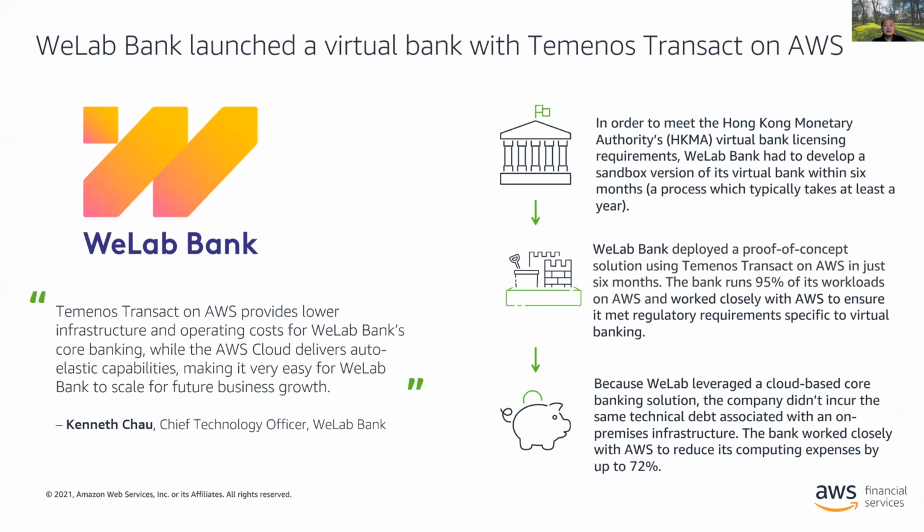And in this use case, it used the Temenos Transact, which is a very famous and popular core banking software. Temenos is a strategic partner of AWS, and the two companies have a global relationship to run the Temenos onboarding and origination solutions on AWS.